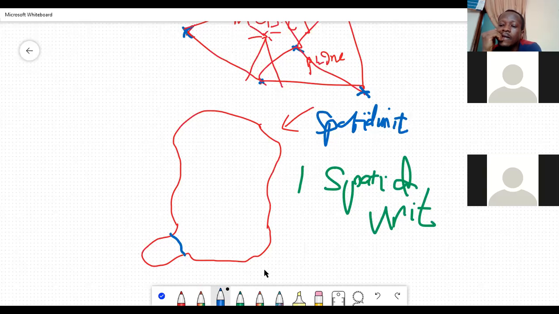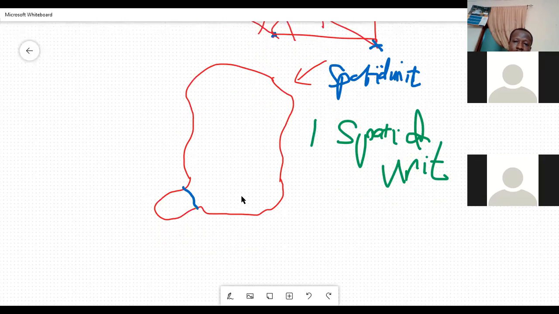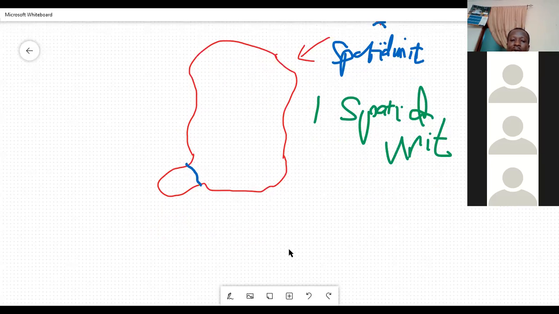Nana Bonsu, how many spatial units do we have? Mosquito, if you are here, answer me. I'm asking you a question. How many spatial units are on the board? Per the diagram on the board, how many spatial units do we have?